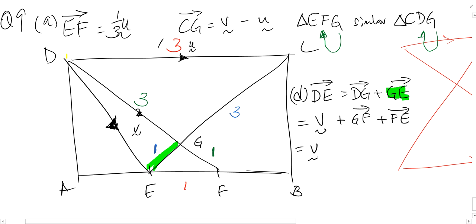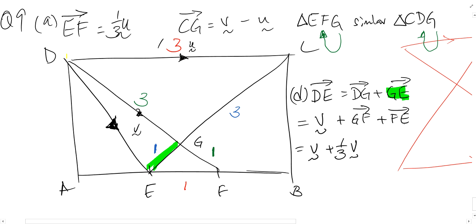So next, GF. Can you now express GF in terms of anything else? GF. It's time to use one of these letters already, U and V. Okay, I heard 1/3 of V. Right? Then plus FE.